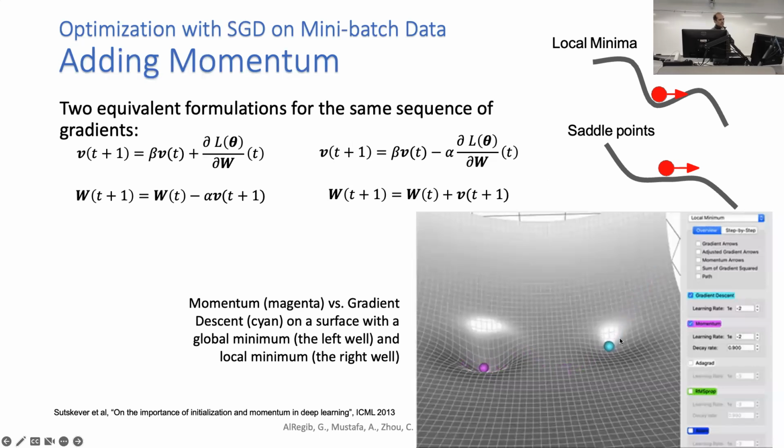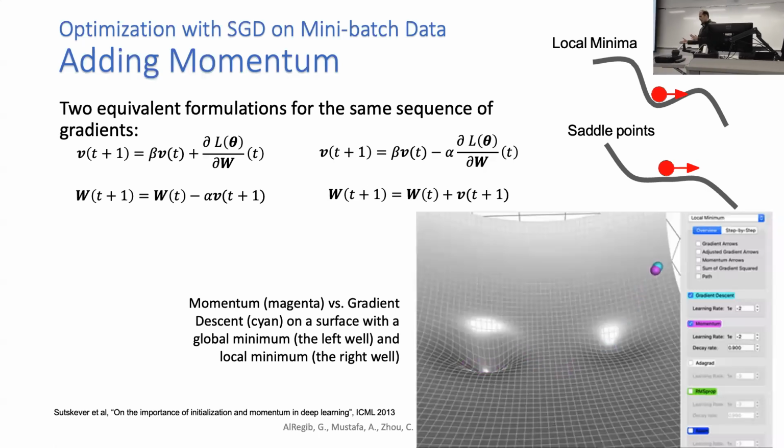You can see it's very easy for the classical gradient descent to be trapped at the local minimum. But by adding more running average from the previous gradient values, they really push more, so it pushed past the local minimum and made it land in the global minimum. Any question about this?